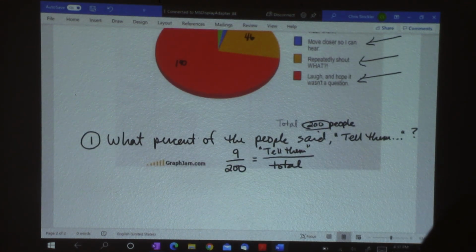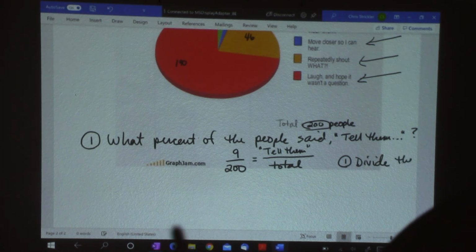Now we've done this in the chapter before. We change a fraction to a percent. So what I do is, there are 2 steps. So I divide the fraction to get a decimal.